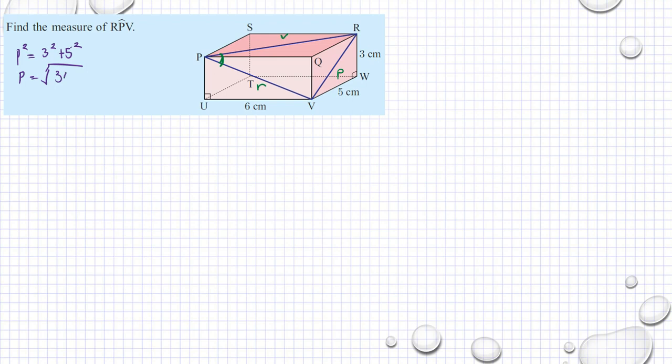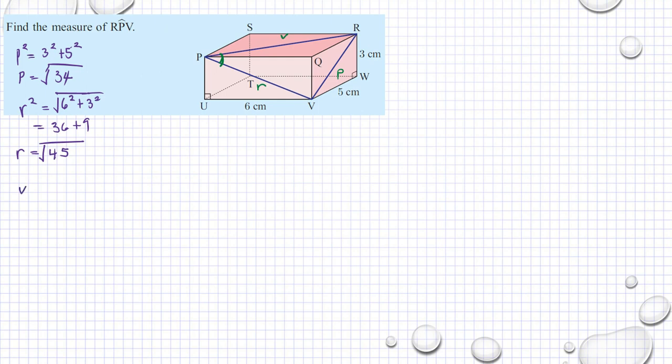Sorry, 34. 9 plus 25, 34, yeah. For our r, r squared is equal to 6 squared plus the height, which is 3 squared. So we have 36 plus 9. What will be? r is equal to the square root of 45.